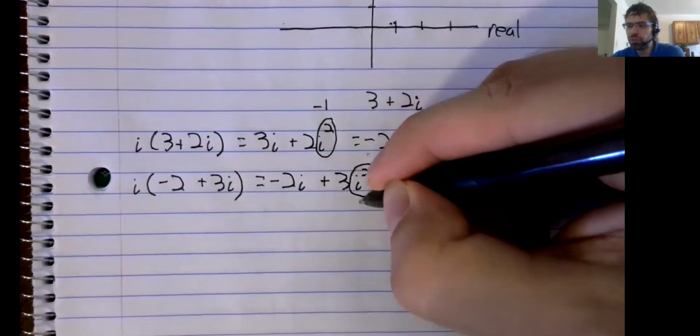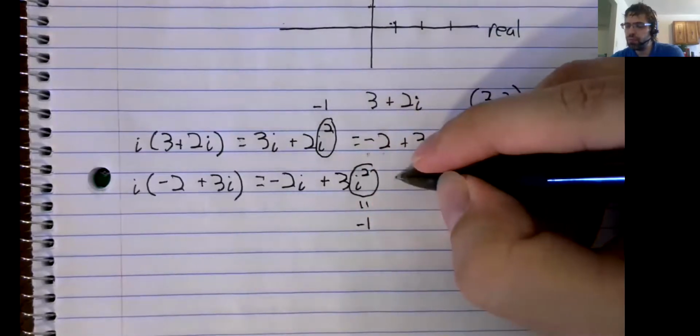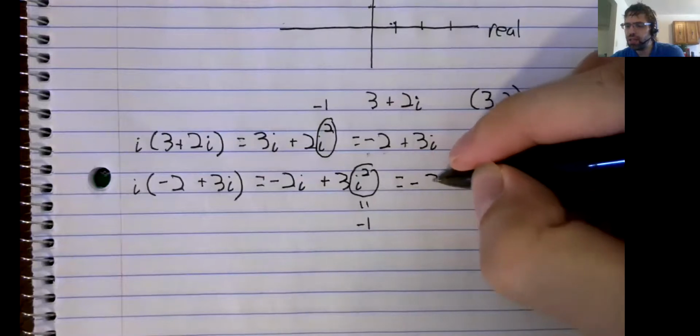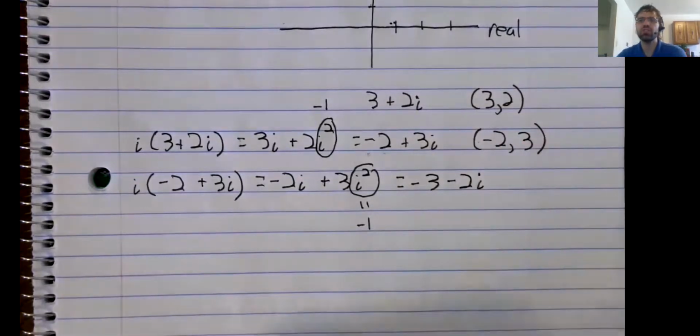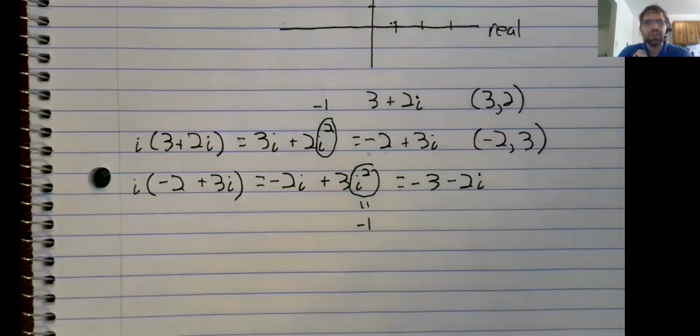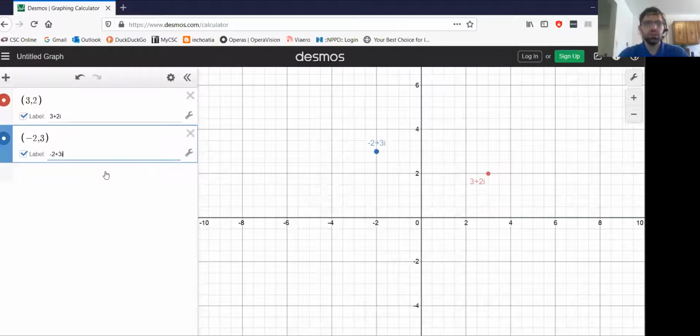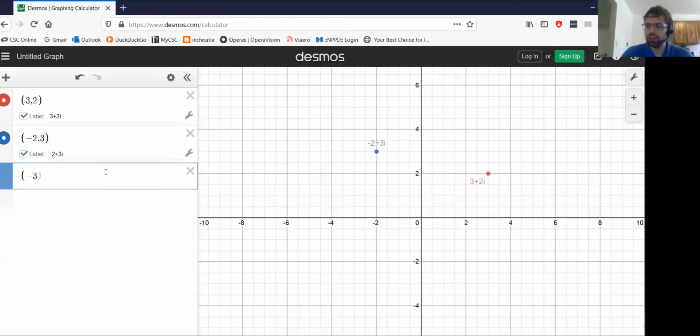This i squared becomes -1. We get -3 minus 2i. And let me graph that for you. -3, -2, label it. -3 minus 2i.